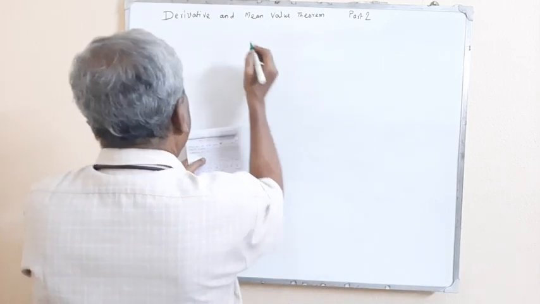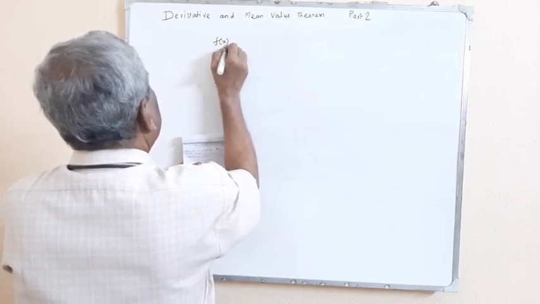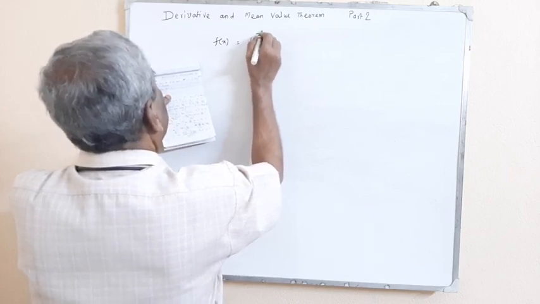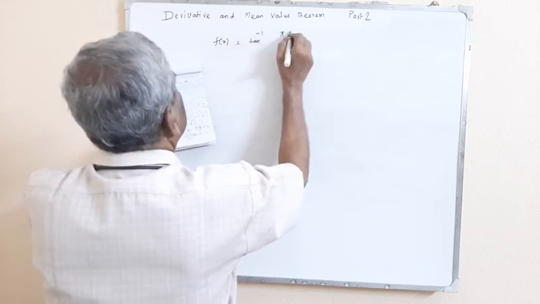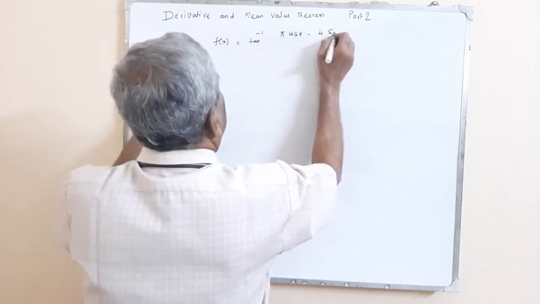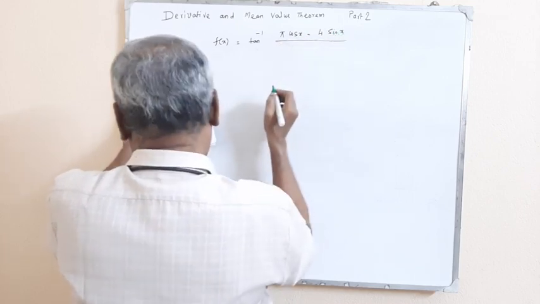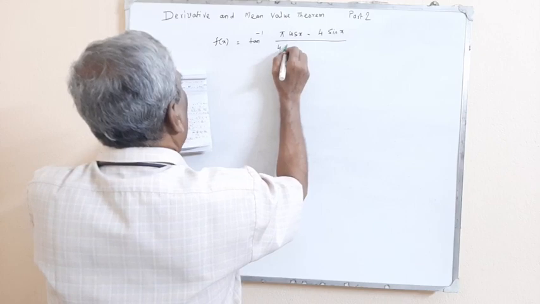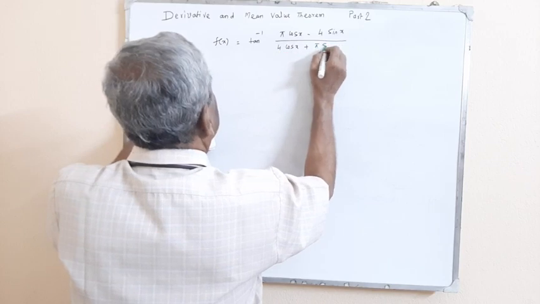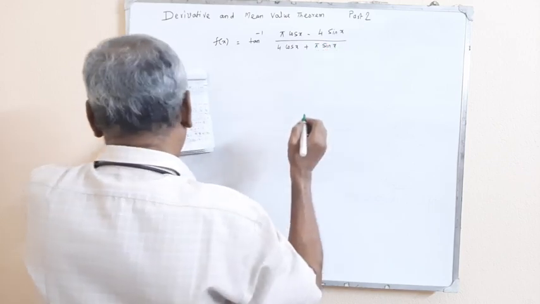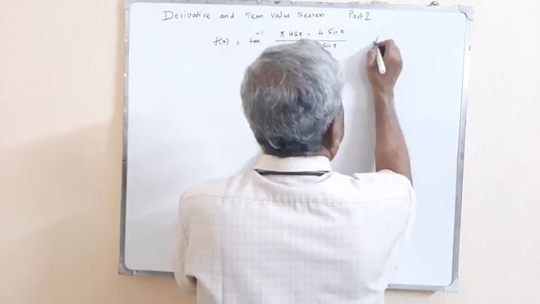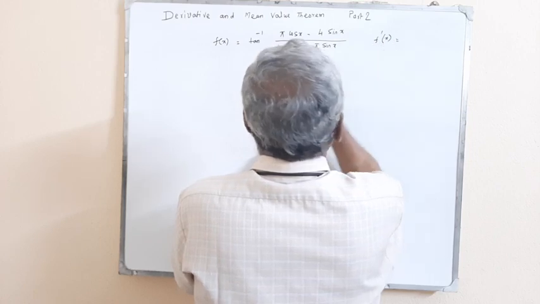If f(x) is equal to tan inverse of (pi cos x minus 4 sin x) by (4 cos x plus pi sin x), then find f dash x, that is the derivative of that function.